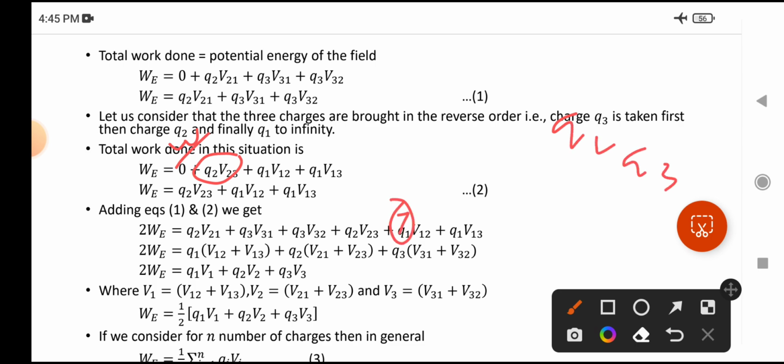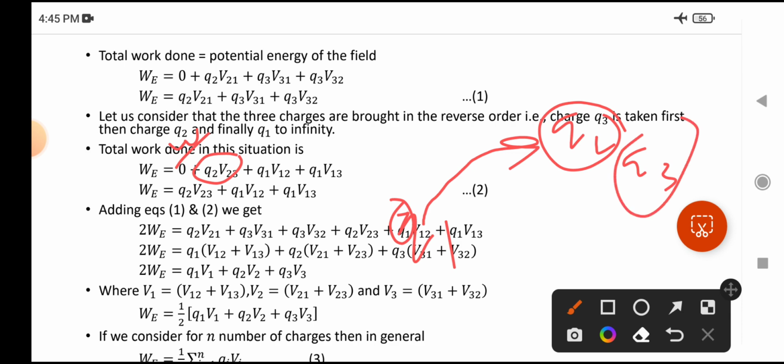And now bring charge Q1 to infinity. At infinity, how many charges are already there? Two charges are there. If you bring this, we must do work against repulsion. Let that work be W3.